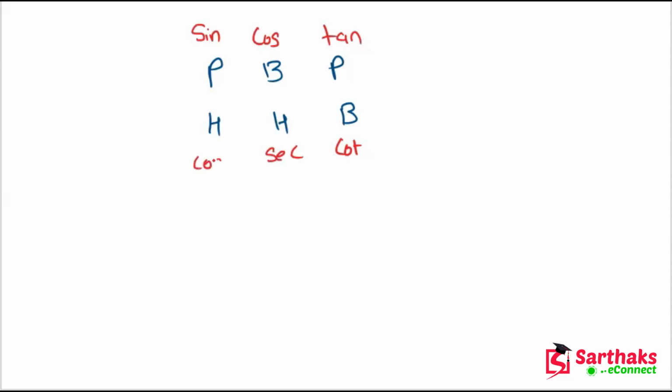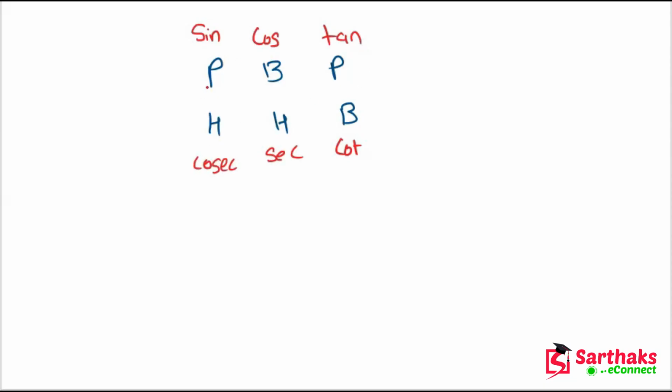The trick is: P, B, P and H, B, which means perpendicular, base, perpendicular, hypotenuse, base. And the ratios are sin, cos, tan, cot, sec, cosec.